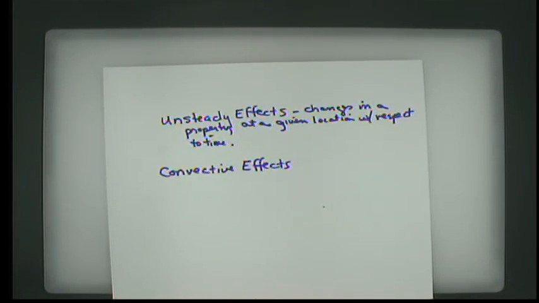But physically, there is no change in the flow parameter at a fixed point if the flow is steady. That's kind of the kicker. So you can have changes over time, but if there are changes at a place over time, then that indicates an unsteady flow. So if the flow is unsteady, whatever property we're looking at, whether it's velocity or temperature or whatever, at any location may change with time.